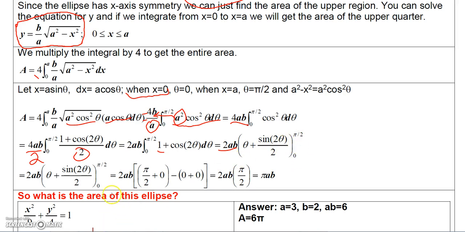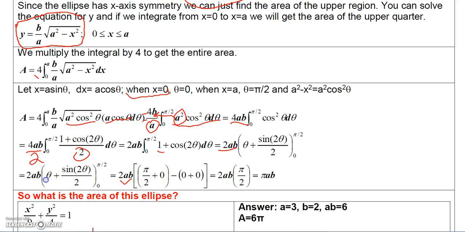Okay, so let's see what would happen if I evaluate this at pi over 2. Let's factor the 2ab out so it's out of the way. So if I evaluate this at pi over 2, I get pi over 2 plus sine of, what's 2 times pi over 2? Sine of pi, right? So sine of pi is 0, so I'd get pi over 2 plus 0. And then minus, now let's evaluate at 0.